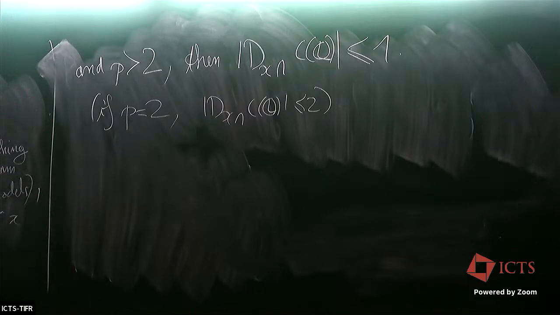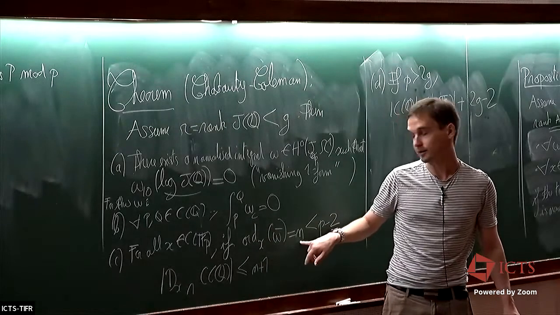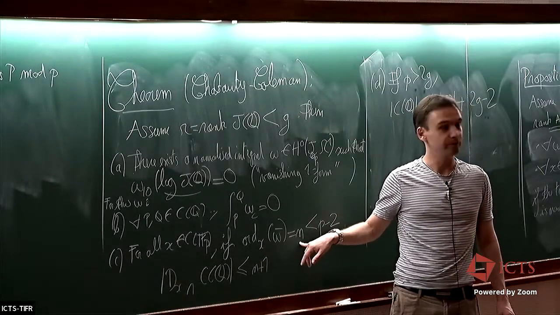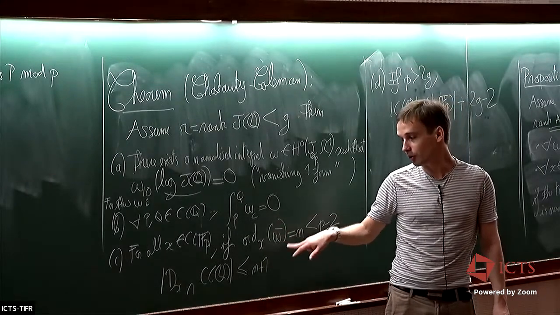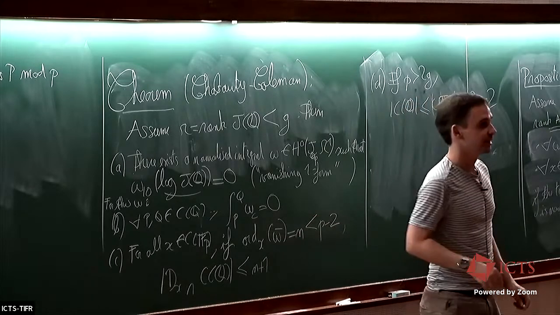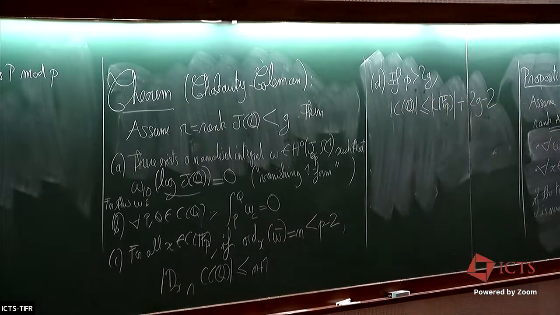Because it means I can use any form I want as a vanishing form. And then I want to find an omega bar so that the order is 0. And finding a form so that the order is 0 among all forms here means basically finding a form that does not vanish on a tangent vector image.